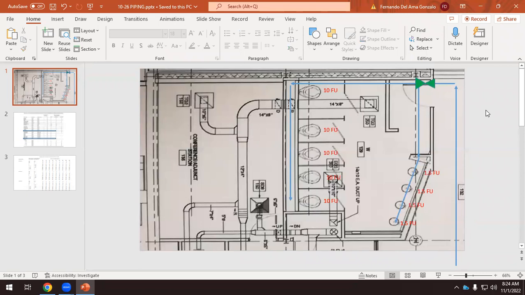If something goes wrong in this restroom, I can shut off this valve, and then the rest of the building works well. If the problem is here, then I can just isolate the issue, and it doesn't affect the rest of the building.